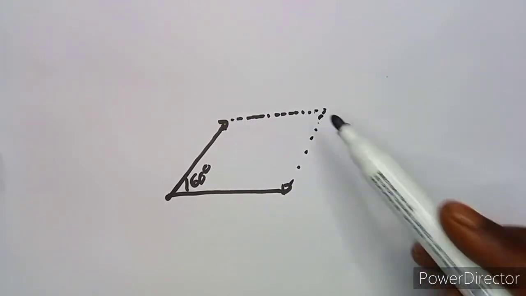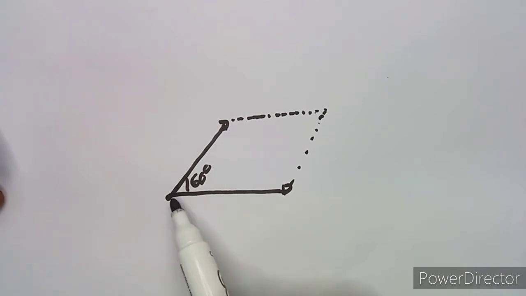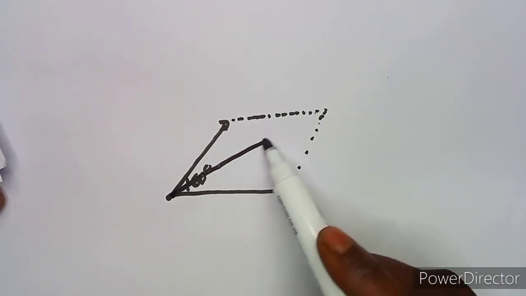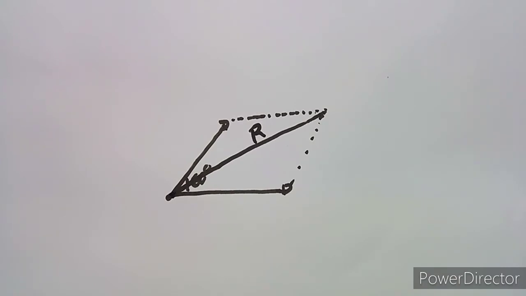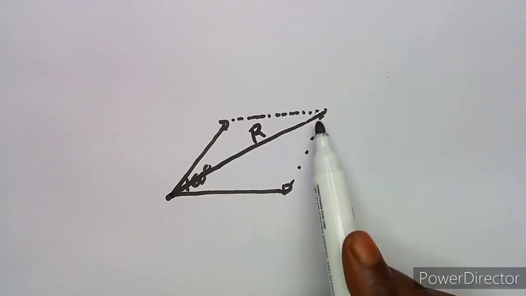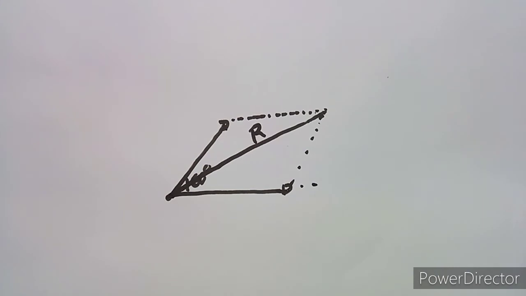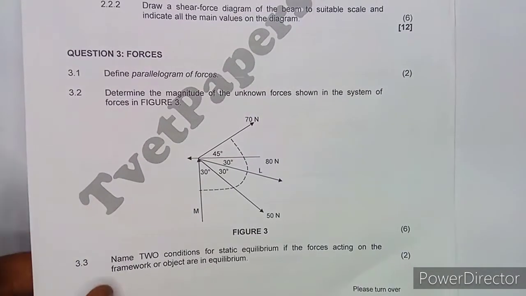The resultant we are talking about is taken from the point where these forces act to the opposite corner, like this. That is where we get the resultant. How you find the resultant is not important for the meantime. We just needed to understand the definition we were given.